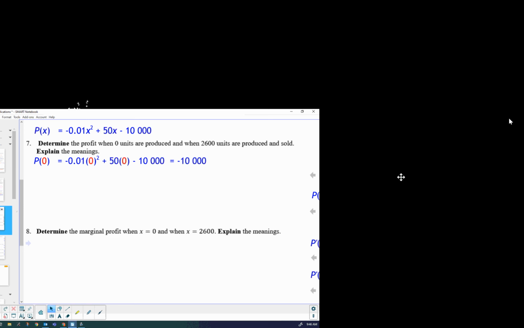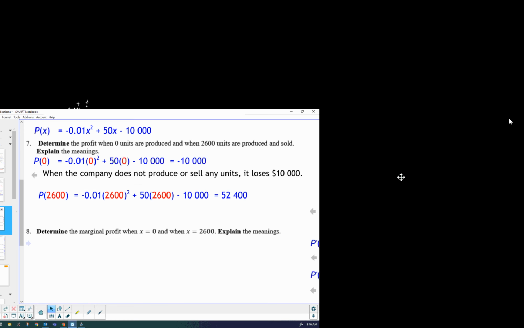So apparently, this isn't too much for a startup investor to put money into. There you go. When the company doesn't produce or sell anything, it's still losing $10,000. Okay, what does this number mean?